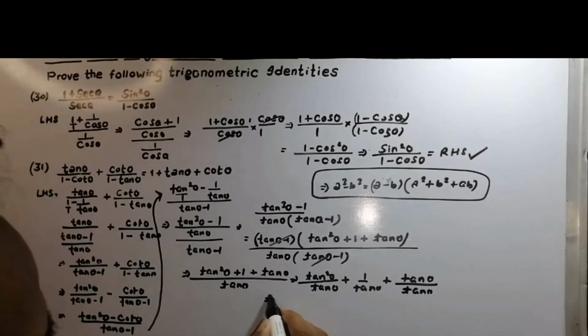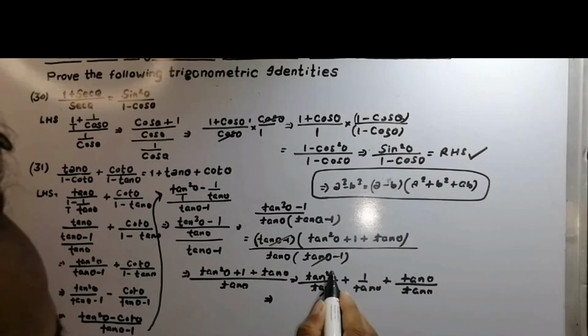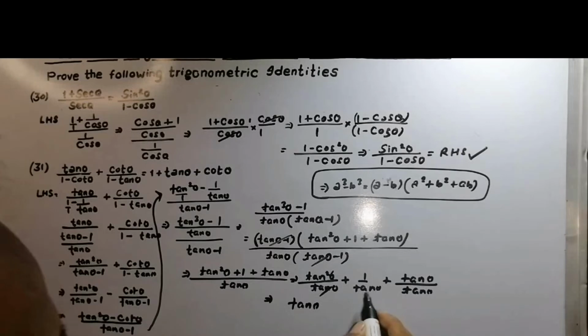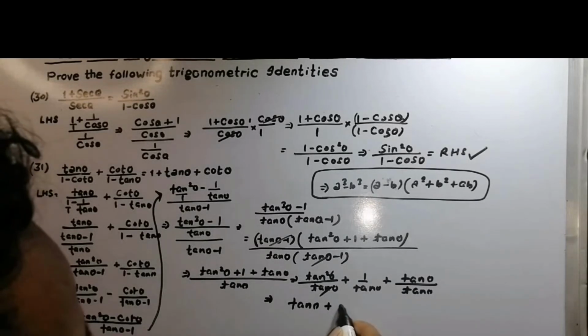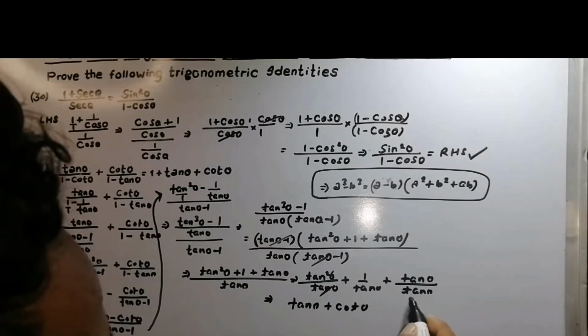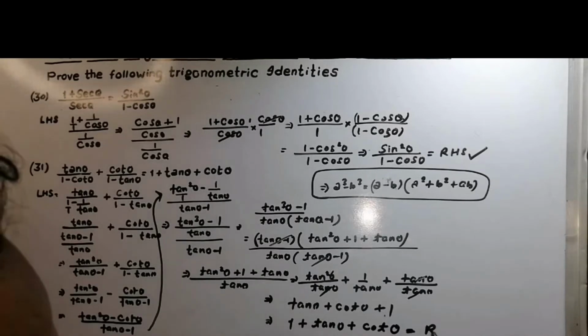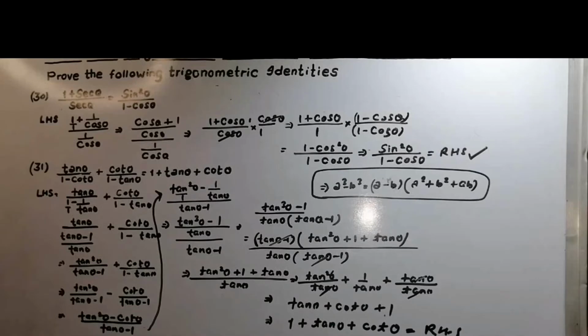So we get here tan theta, 1 upon tan theta means cot theta, and this becomes 1. So it is the same as the right hand side, 1 plus tan theta plus cot theta, we can interchange, equal to right hand side.